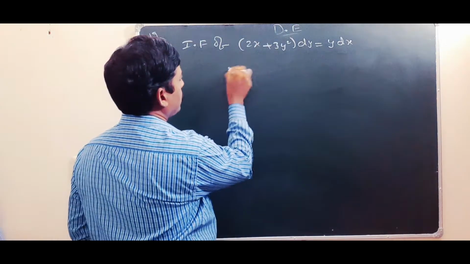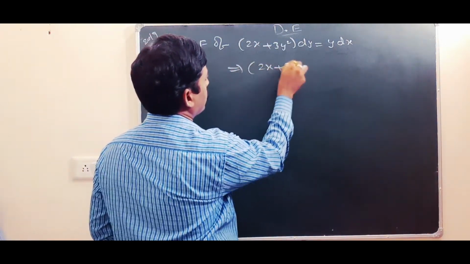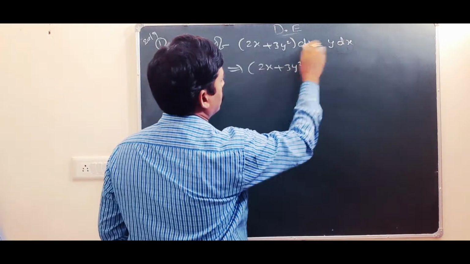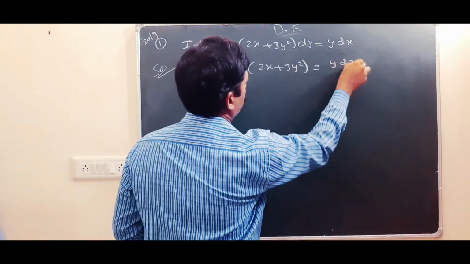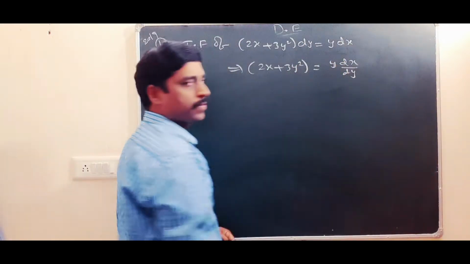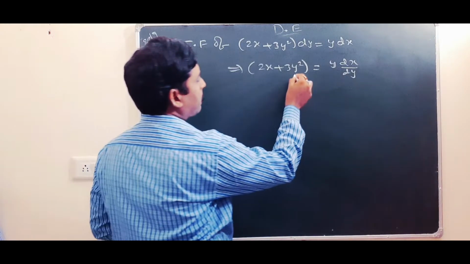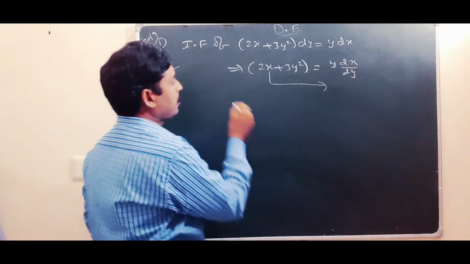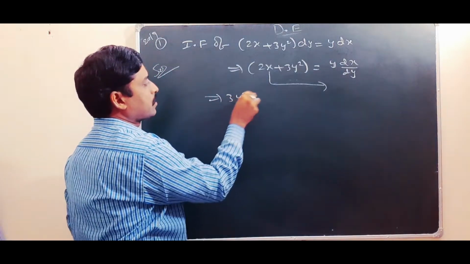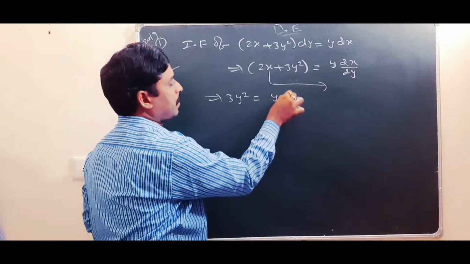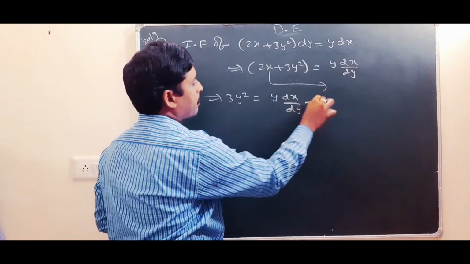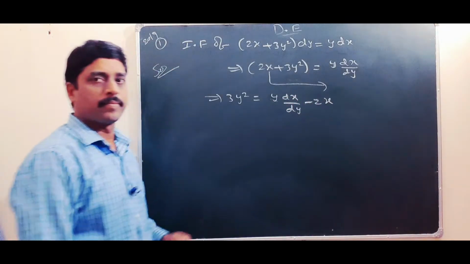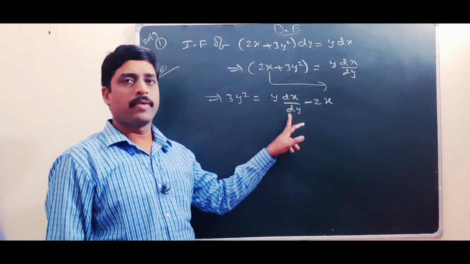What is given? (2x plus 3y square) dy equals y dx. Divide on the right side, y dx by dy. So the plus 2x we bring to the right side, so it is going to be 3y square is equal to y dx by dy minus 2x. What is the dx by dy coefficient? y.